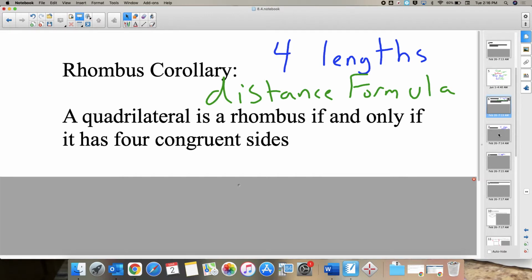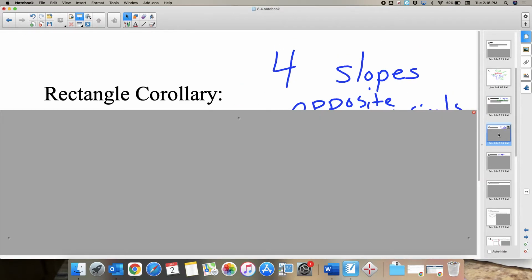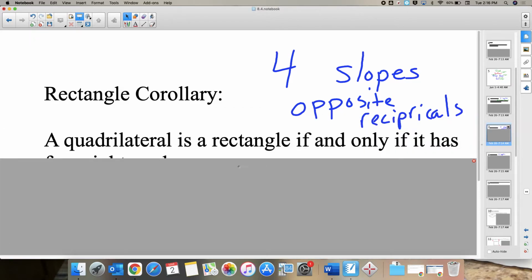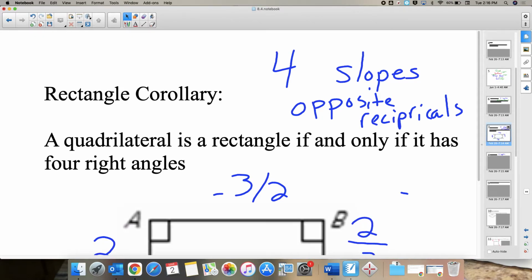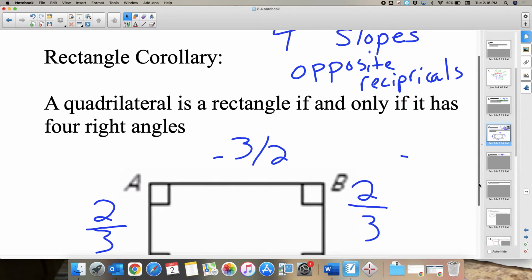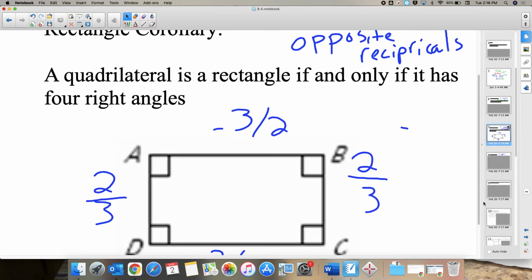If you're trying to show something as a rectangle instead, we are showing that it has the 4 right angles, which means your 4 slopes are what you would need. And those slopes will have to be opposite reciprocals, something like 2 over 3 and negative 3 over 2.